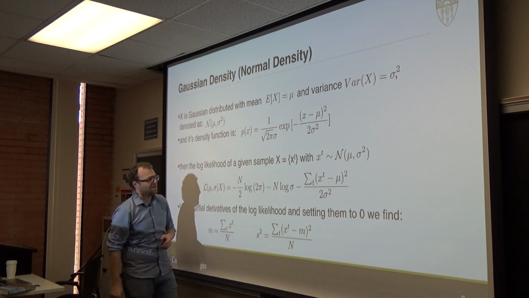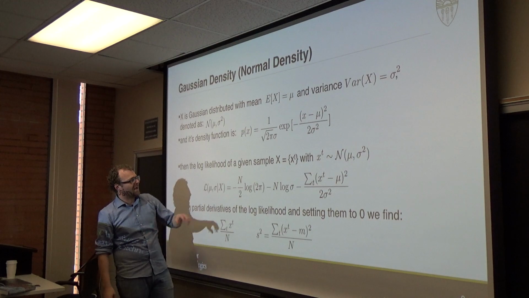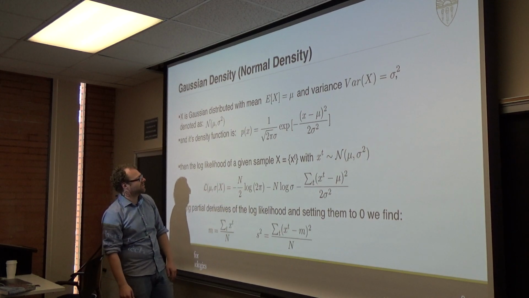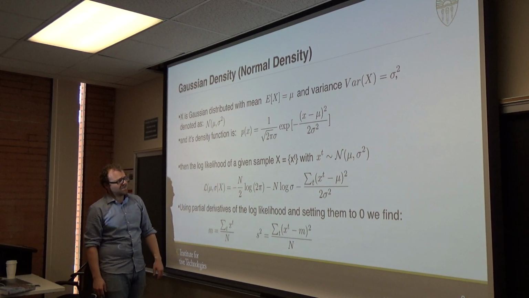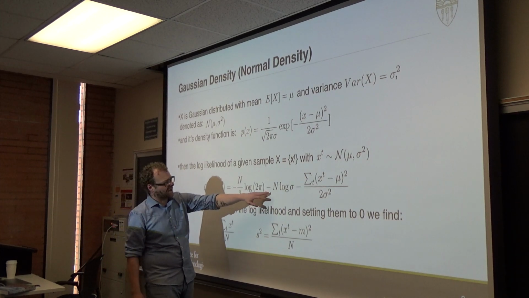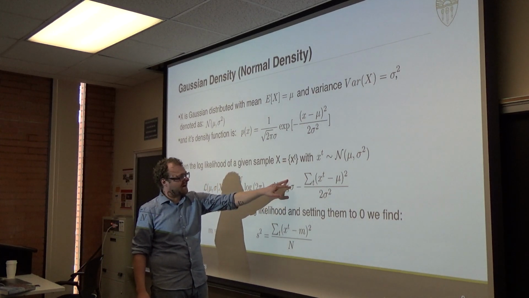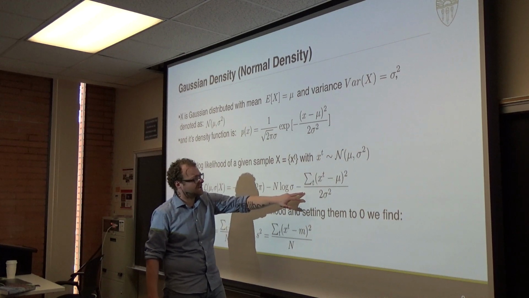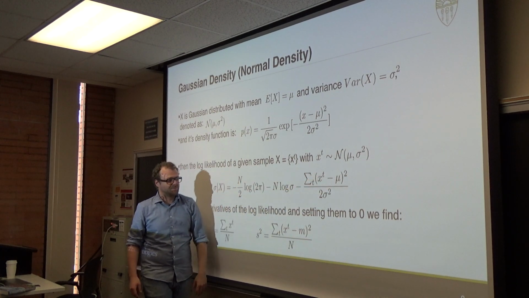It just depends on the number n, which is our number of observations, and the variance or the standard deviation here, and it doesn't have this exponent anymore.